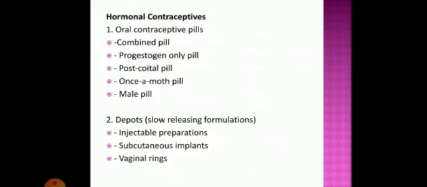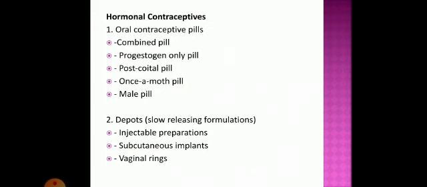Now let's see the next important classification, where we discuss the hormonal contraceptives. Before we go into the detail, I would like to give you a brief idea about it. Hormonal contraception methods involve 2 hormones, estrogen and progesterone. The hormonal contraceptives release either estrogen and progestin together, or progestin alone.